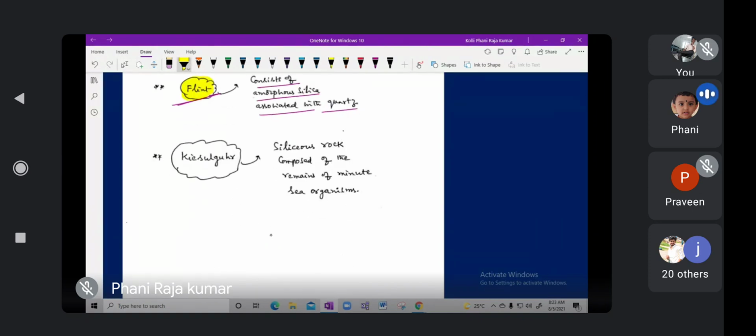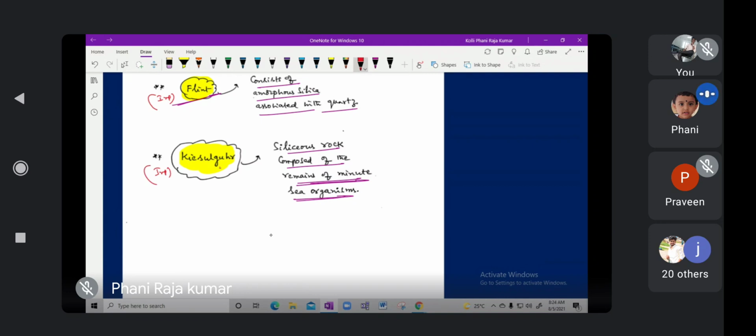One more type of SiO2 we have is called kieselguhr. This kieselguhr is a siliceous rock composed of the remains of minute sea organisms. From those sea organisms, some waste comes out. That waste contains siliceous rock, which is called kieselguhr. Please note these two as important: flint as well as kieselguhr.